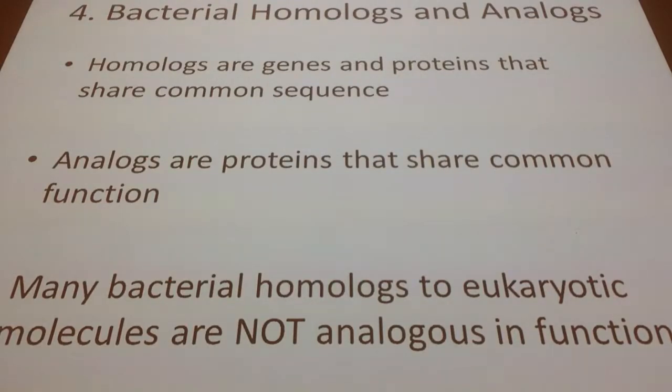Versus a bird and a bat wing would have similar structure, so those would be homologs. If you have the same structure, chances are you will have similar function as well. And it really boils down to origin. How did the structure and function originate? Anyway, we won't go into more detail than that.